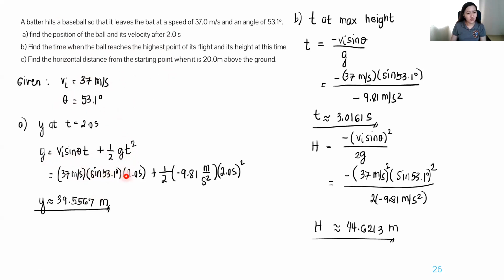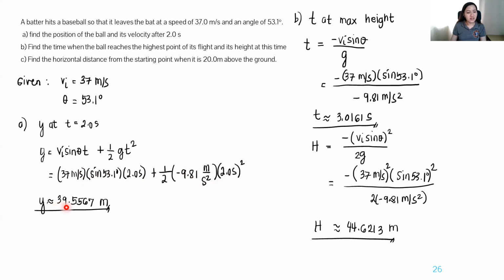So we can just substitute there. That's 37 meters per second times sine 53.1 times 2 seconds plus 1/2. And just remember that our motion is going up, that's positive, but our acceleration is directed downward, so it should be negative. So minus 9.81 meters per second squared times 2 seconds squared.